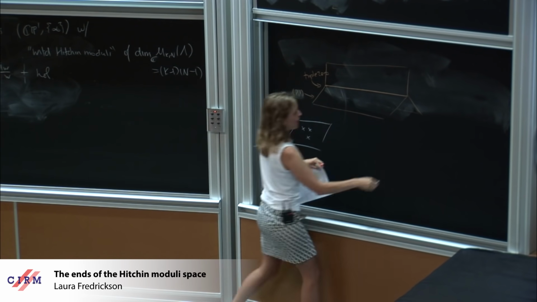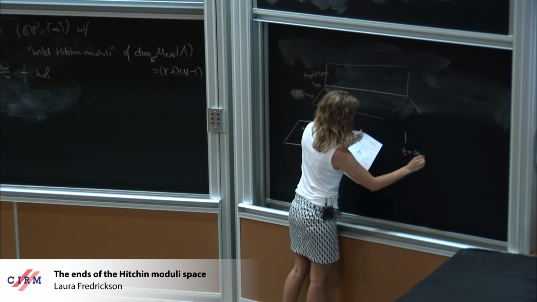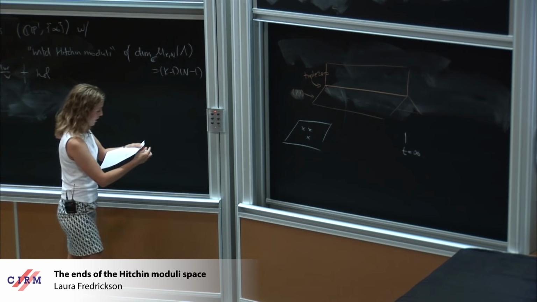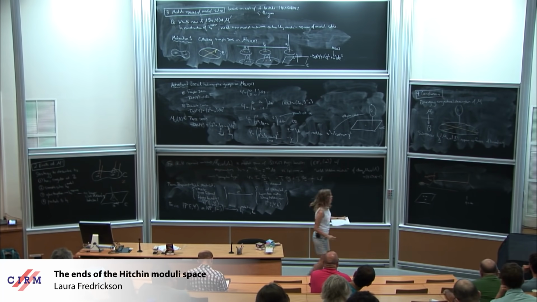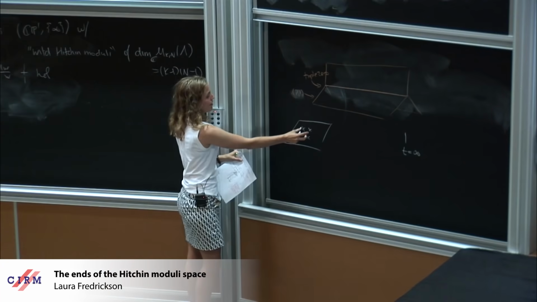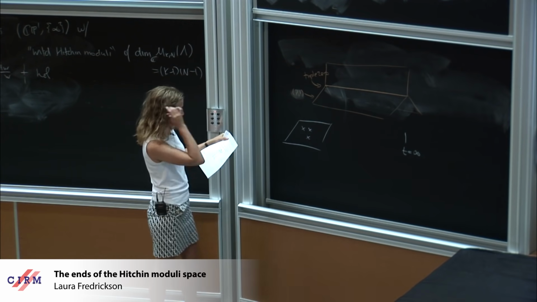And so if this is the end at infinity, what this compactification should look like is something like, well, first, there's different rates that these can approach each other as you go off to infinity.